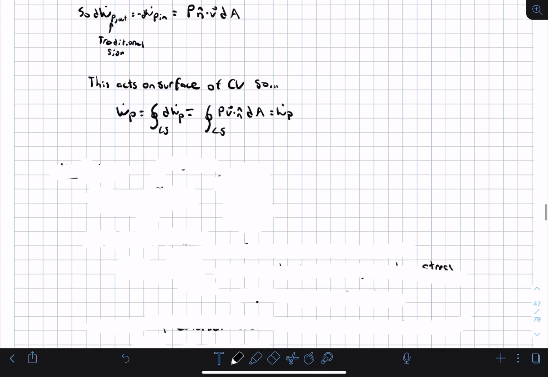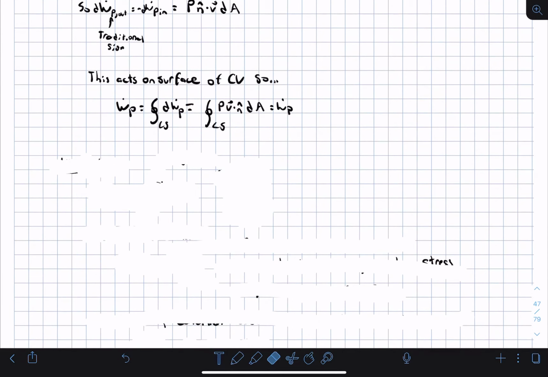Now, we've dealt with the pressure work. We can do the same thing for the work that is due to the shear viscosity. And so recall that the viscous work we can define very similarly, and I'm just going to go straight to the definition.